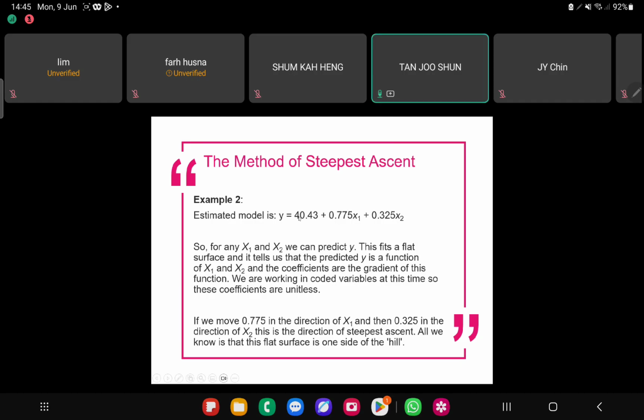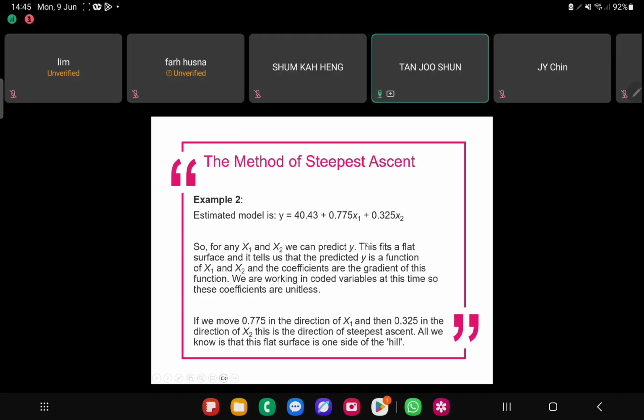Now we don't look at the 40.43, because we want to know the factor 1 and 2 here. Let's say, what is the range for factor 1 and what is the range for factor 2?